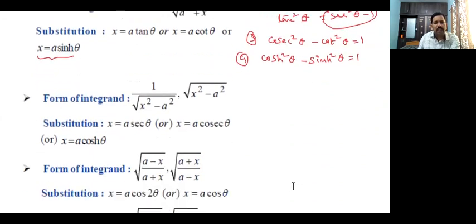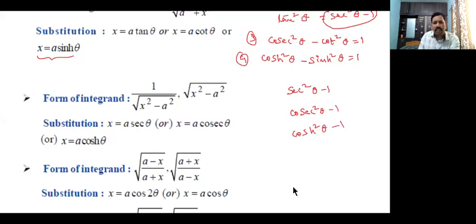Now, the third formula, 1 by under root x square minus a square. Already I discussed that. We know the formulas secant square theta minus 1, or cosecant square theta minus 1, or cos h square theta minus 1.